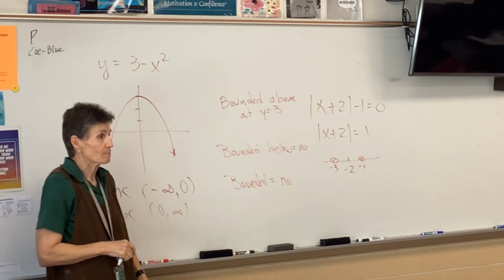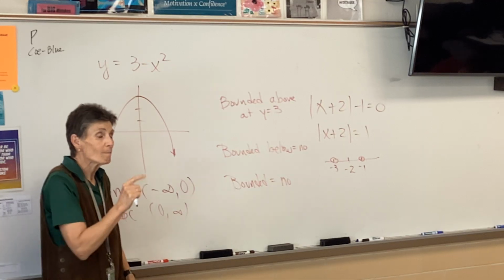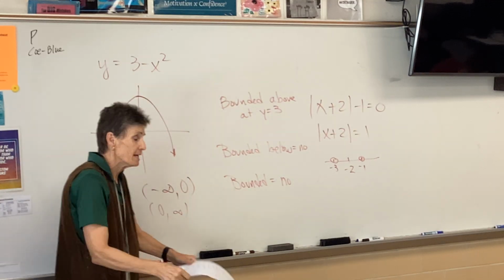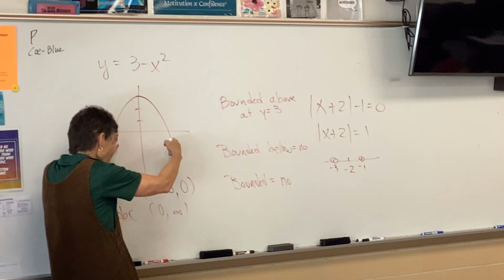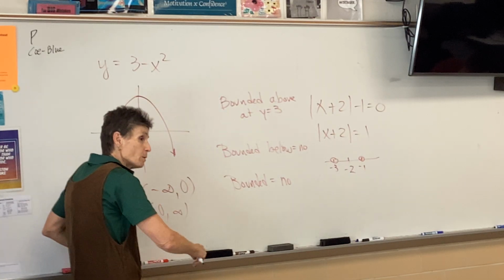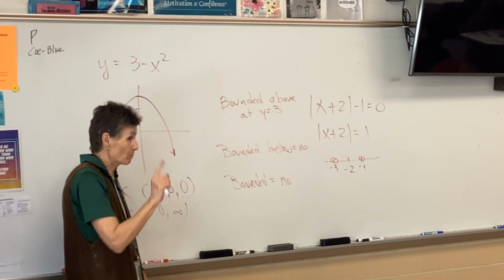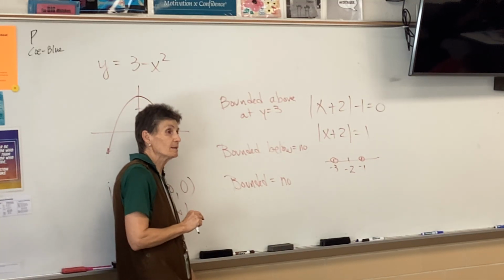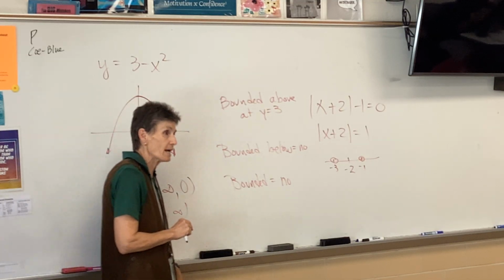Does that guy have any asymptotes? No. Don't make that concept harder than it is. Is there anything containing this? No. It's just going to keep on going. Jimmy? But why can't the asymptote be the ceiling? Okay, remember, an asymptote is a line that the curve approaches and doesn't intersect.